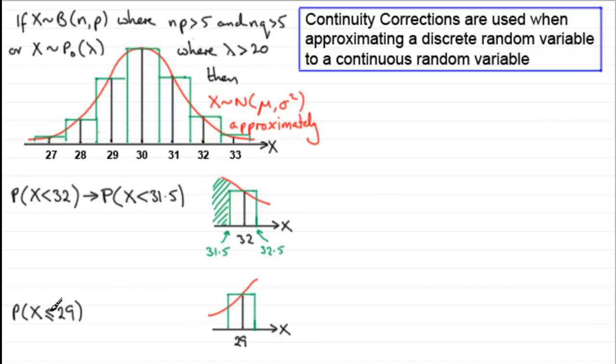But because it says less than or equal to 29, that area now has to include the 29. So we go into the box and we go right past the 29 out to the other side. And the other side here is the value 29.5, whereas this one here was 28.5.